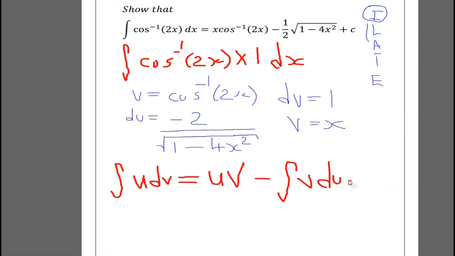Now again, look at this. We called our u cos inverse 2x, and it's been multiplied by v. V is x.